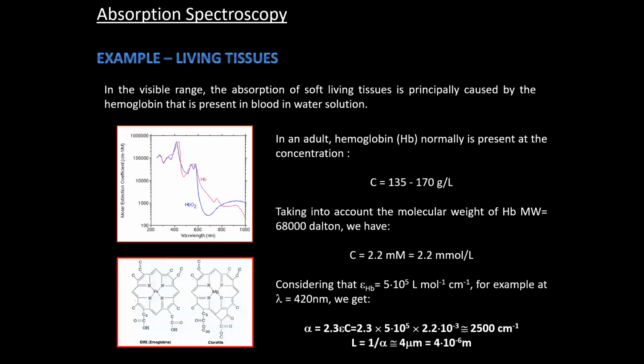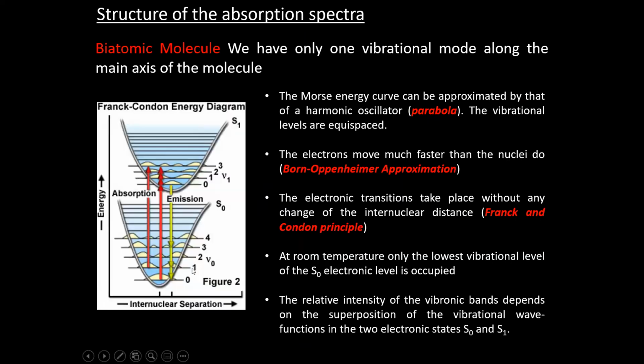Now, look here. If you start from this level here, where the probability to have the molecule is maximum, and you make a transition here, or the second level, or the third level, or the fourth level, and the transition is vertical, you see that you arrive at a position, for example, where the probability to have the molecule is small.